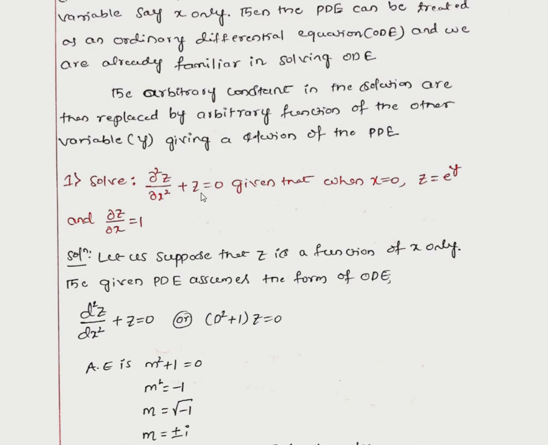Here you must observe that this is a homogeneous partial differential equation, because every term contains either the derivative or the dependent variable z. This term contains the derivative of z, and the second term contains the dependent variable. Therefore, this is a homogeneous partial differential equation.